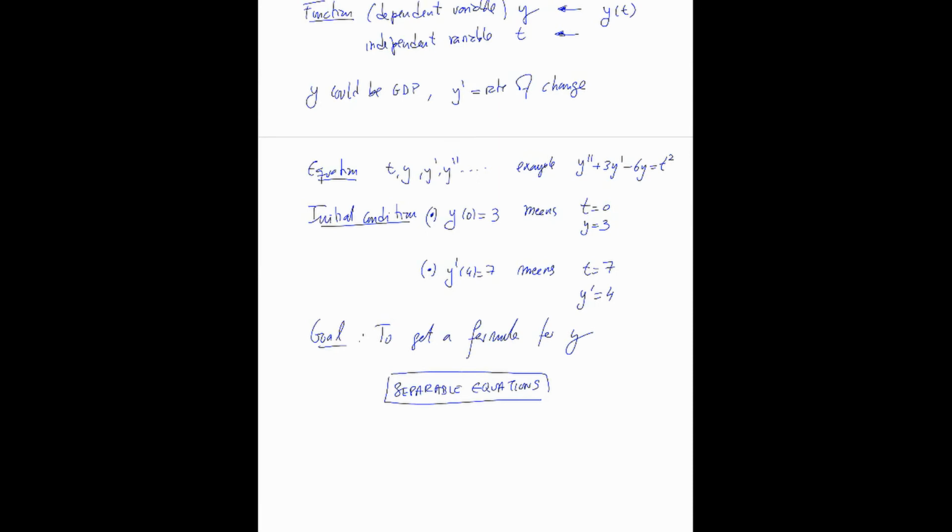So we have this equation given, y prime equals 6y squared t, and then we have the initial condition y of 1 equals 1 over 25, and we want a formula for y as a function of t.